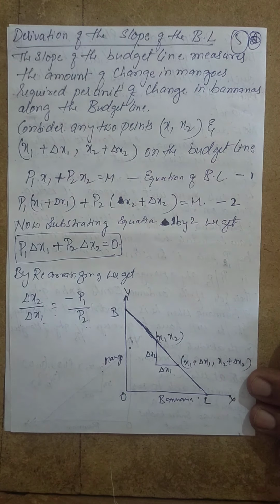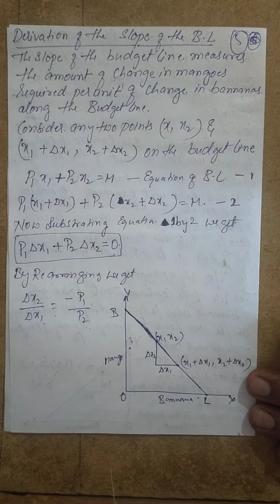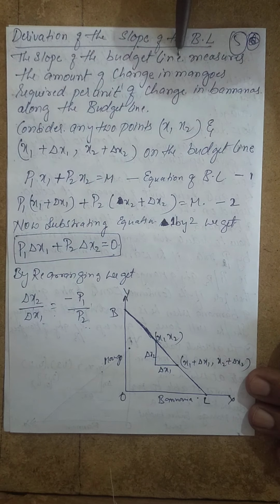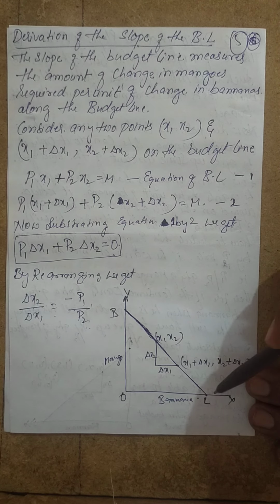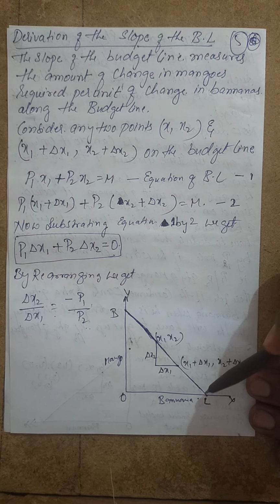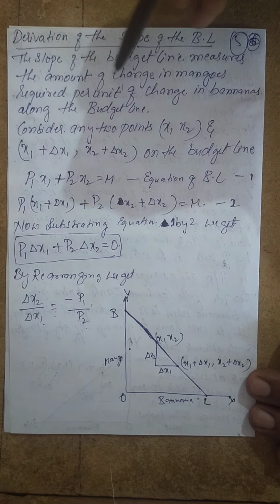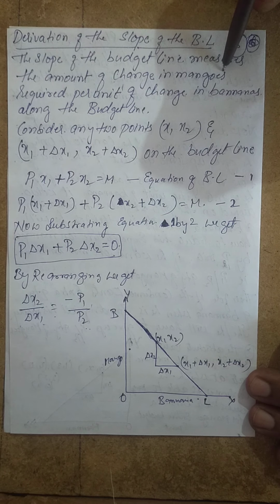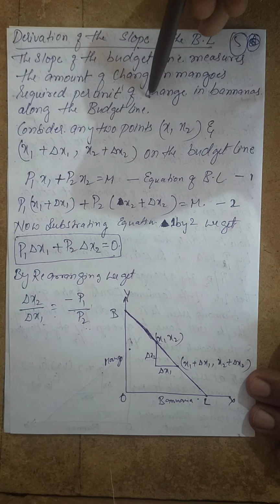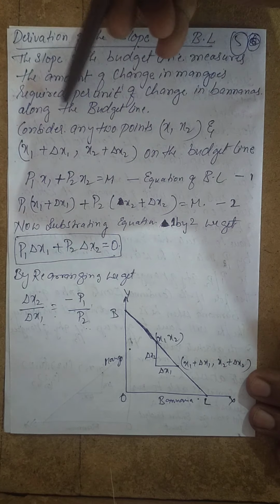So let us see what the slope of the budget line says. The slope of the budget line measures the amount of change in mangoes required per unit of change in bananas along the budget line.